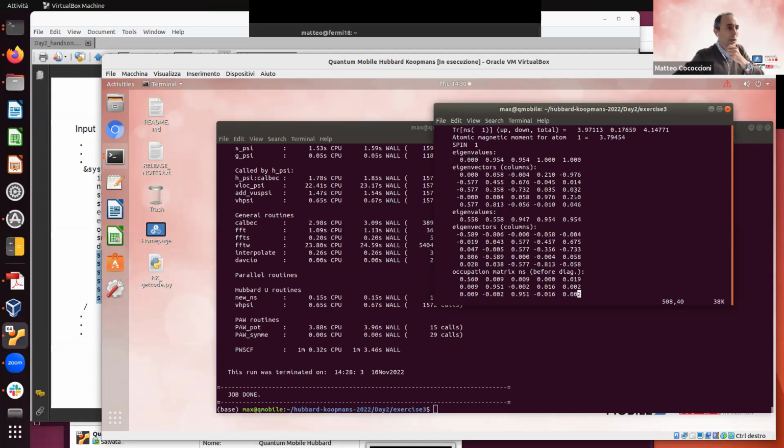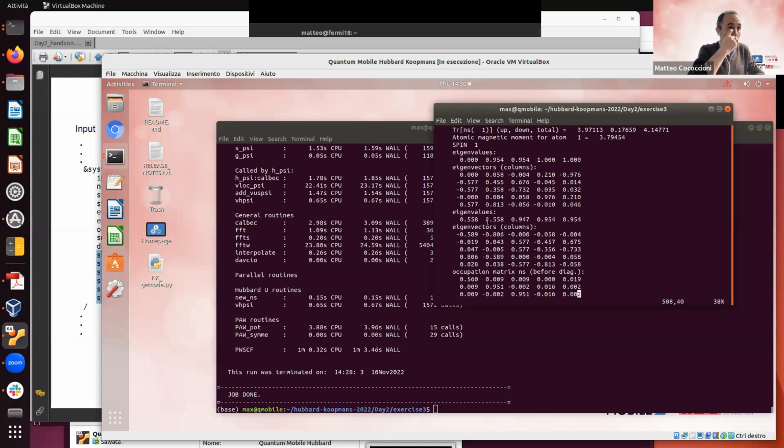So if we look now at these components, we don't exactly recognize this. Why is this so? Because the diagonalization routine, when you get basically degenerate eigenvalues, gives you two eigenvectors with a random phase.